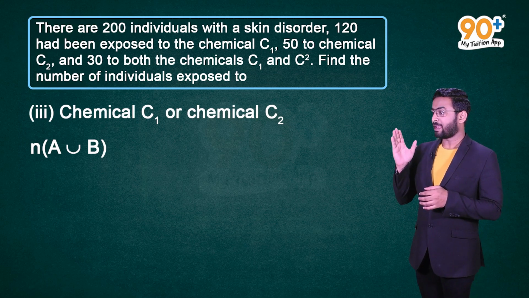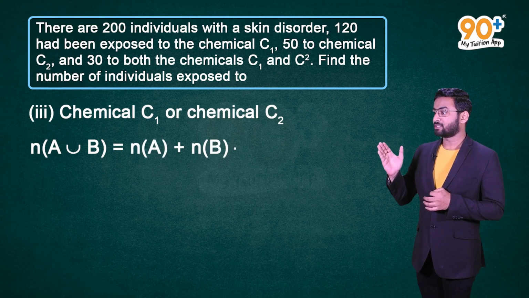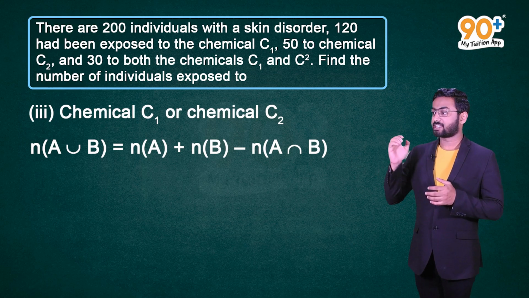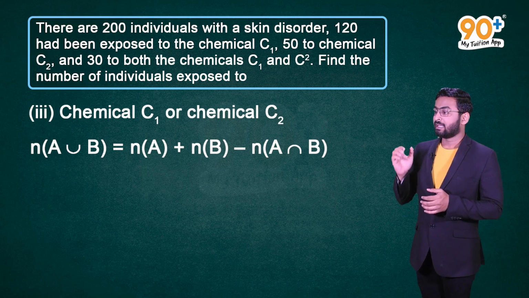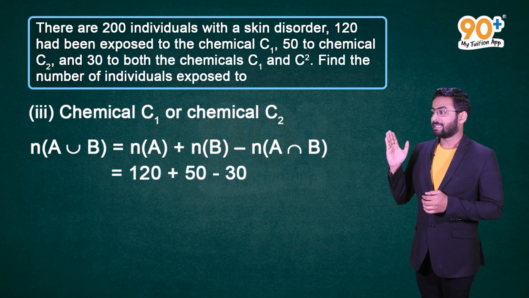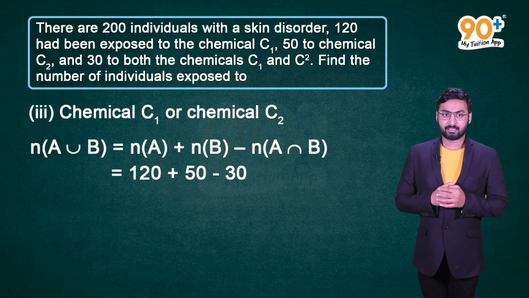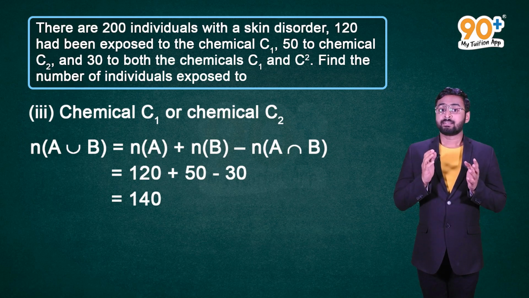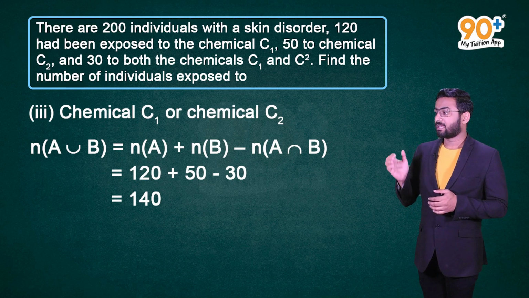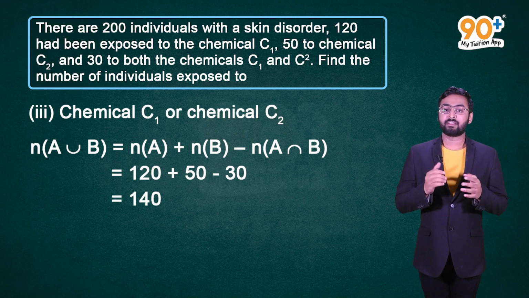That is, n of A union B is equal to n of A plus n of B minus n of A intersection B. On substituting the values, we get n of A union B is equal to 120 plus 50 minus 30, and that is equal to 140. Thus, the number of individuals exposed to chemical C1 or chemical C2 is 140.